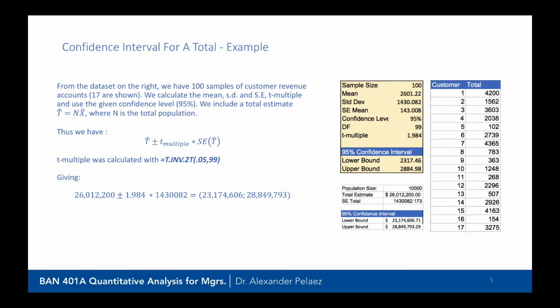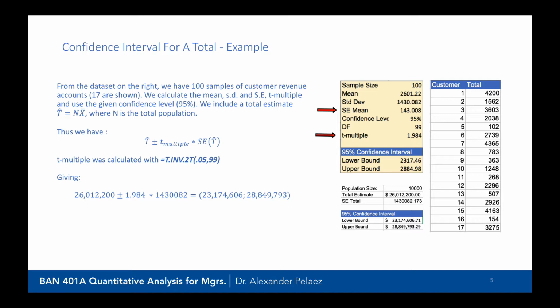From the data set on the right, we have 100 samples of our customer revenue accounts, but we only show 17. We calculate our mean and standard deviation, which you can see on the right is 2601, and the standard deviation of 1430. We also have calculated the standard error and the T multiple in the yellow box.